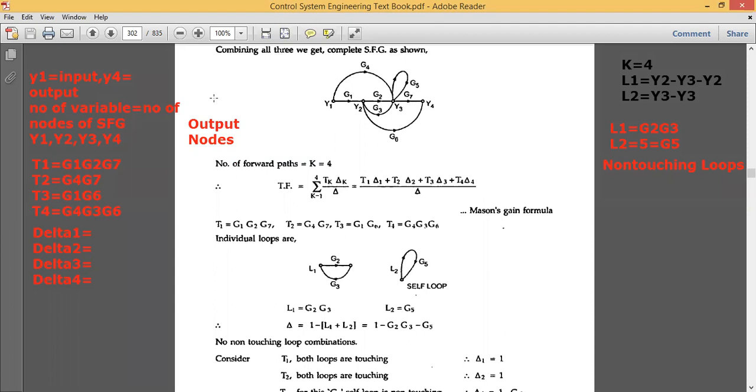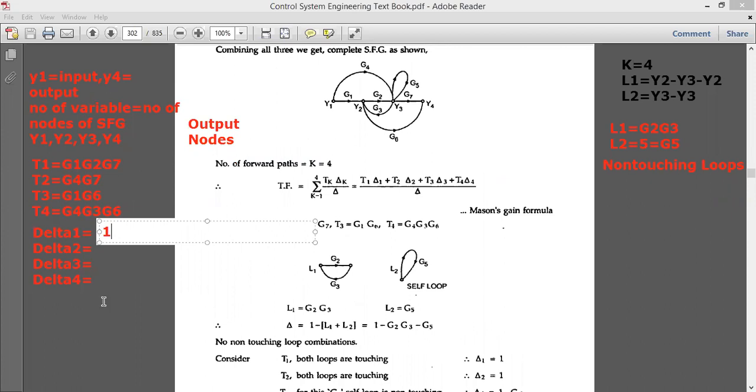So if all the loops are touching, the value of delta 1 is equal to 1. L1 and L2 are both touching the T1 path, and we have only 2 loops, so it is not much of a problem here.